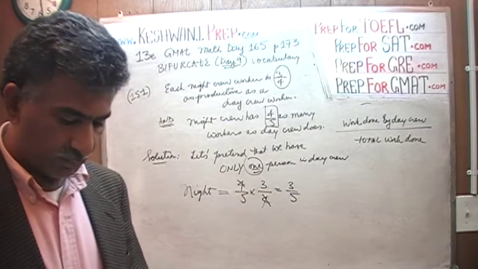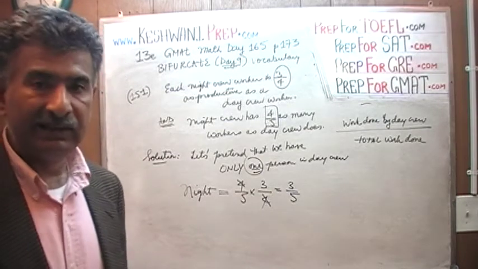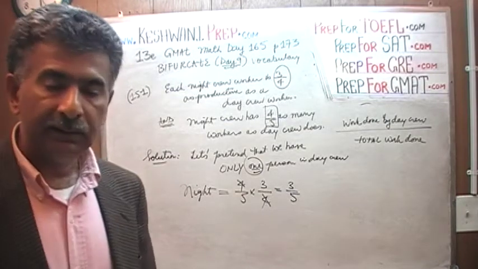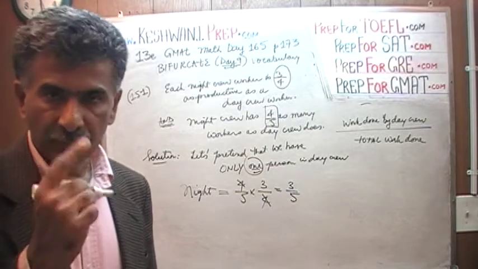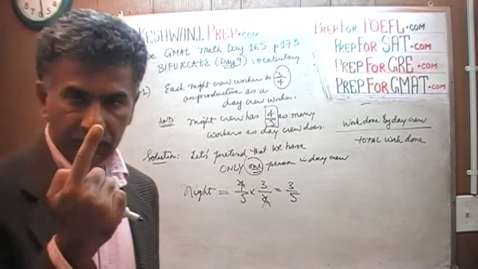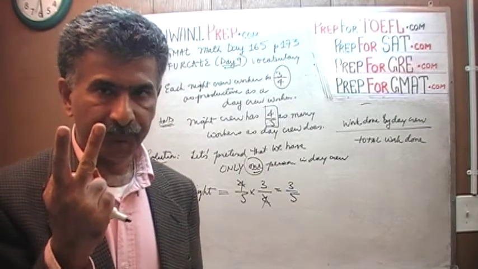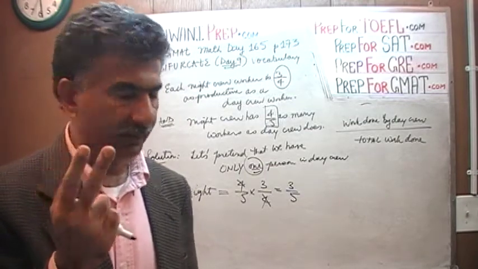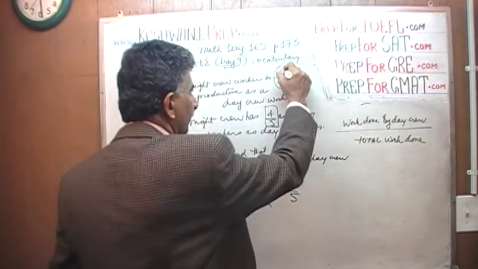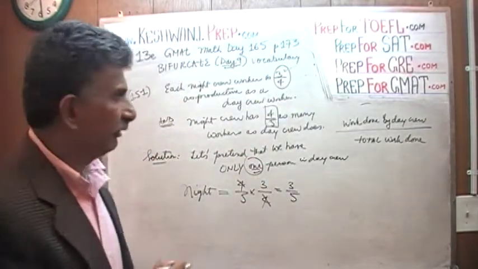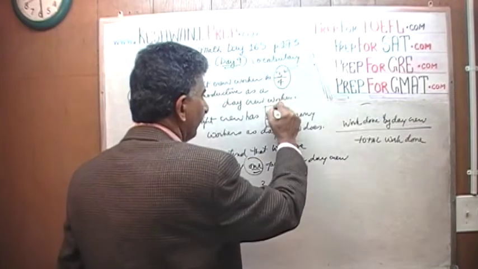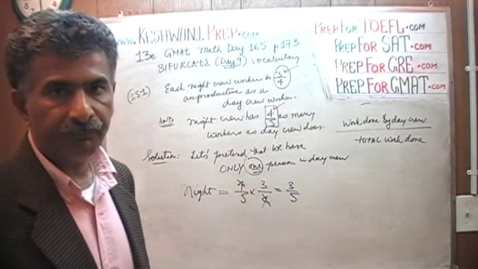The day crew does one work. Day crew is our point of reference. There is one person in day crew and he does one job, 100%. Night crew is 75% as productive and has 80% as many workers.